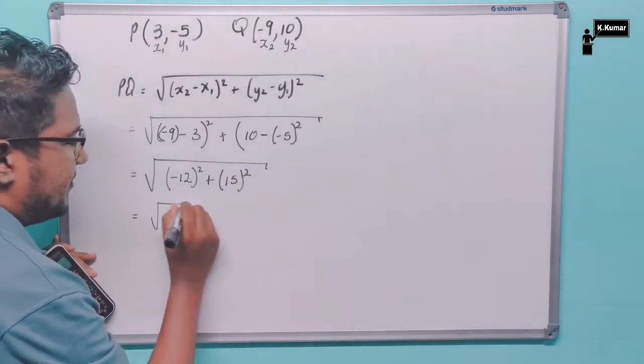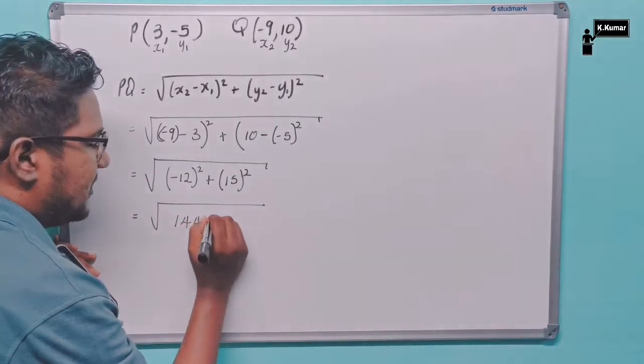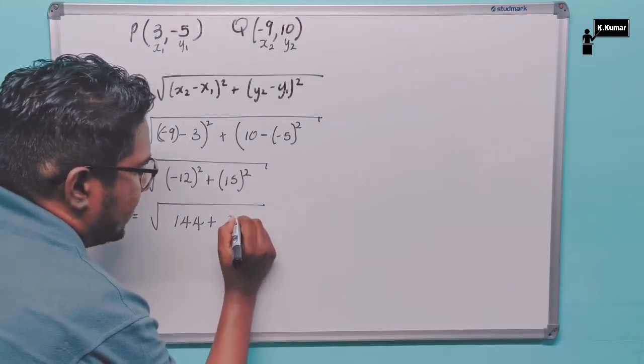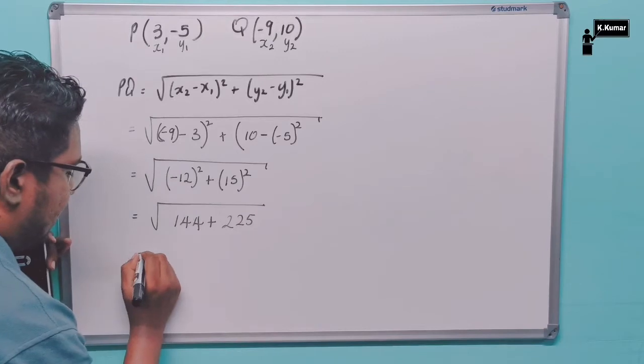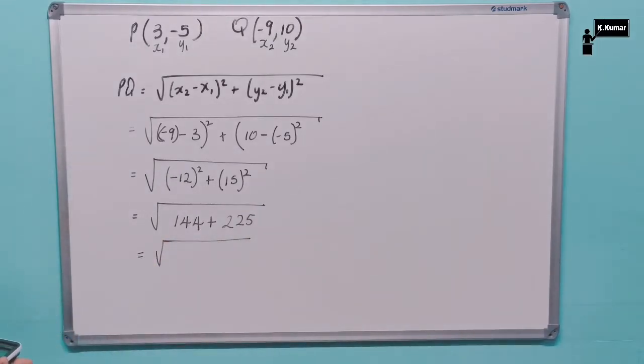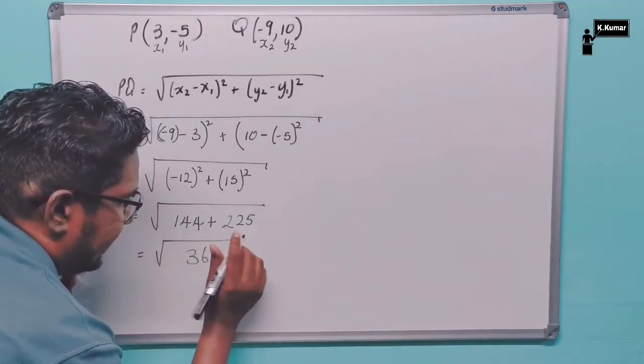This is going to be the square root of 12 squared, which is 144, plus 15 squared, which is 225. Adding them, I would have 144 plus 225. That's going to give me 369.